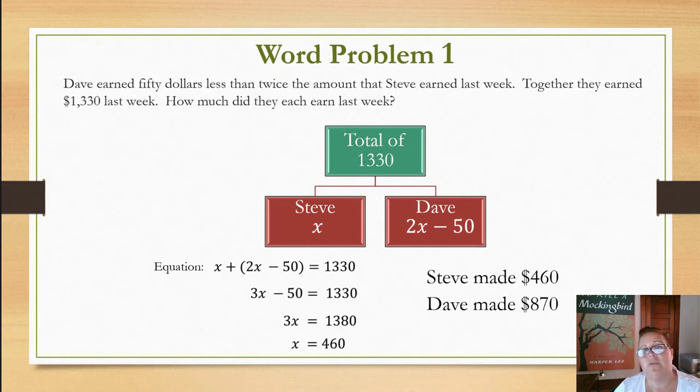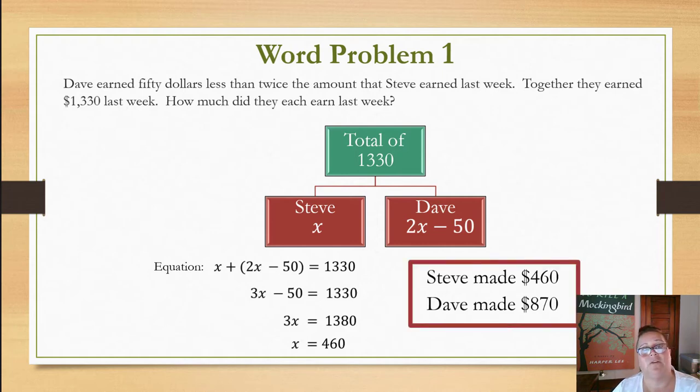And since I need to know the amount for each of them, both of these amounts are my answer. I'm also going to double check it because I know that these two together, the 460 and the 870, must add up to be 1,330. So I'm going to go with that, and 460 plus 870 is 1,330.